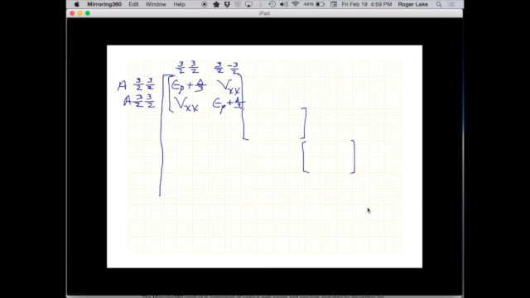So for the 1/2 states, I'll just throw them down here somewhere. 1/2, 1/2, 1/2, 1/2. So this is A and B. Somewhere out here, I'd have a block from these guys that would be EP minus 2 delta over 3, VXX, VXX, and same diagonal, EP minus 2 delta over 3.